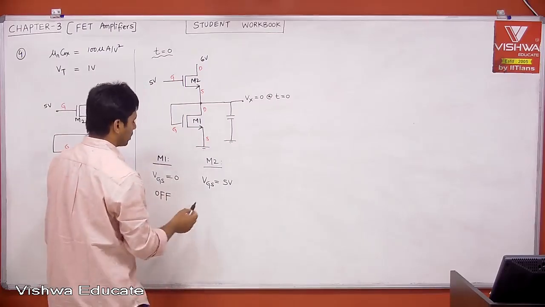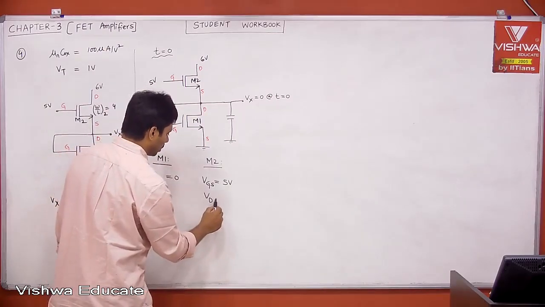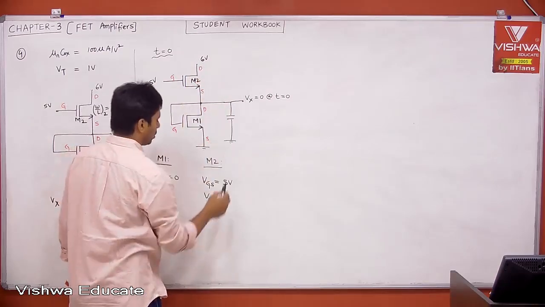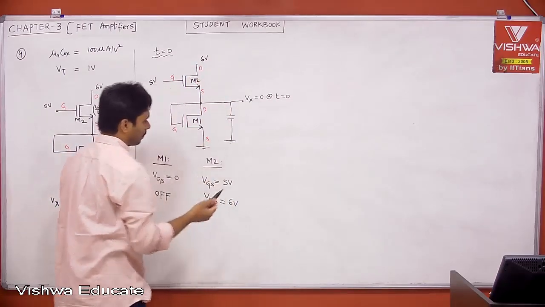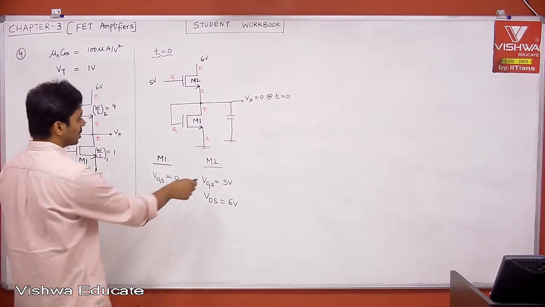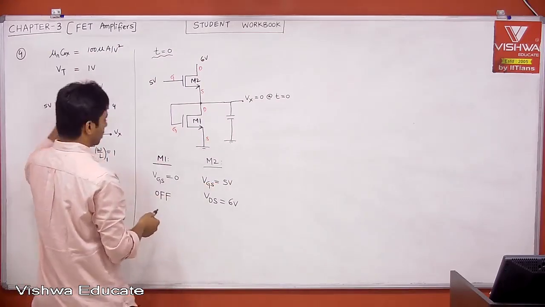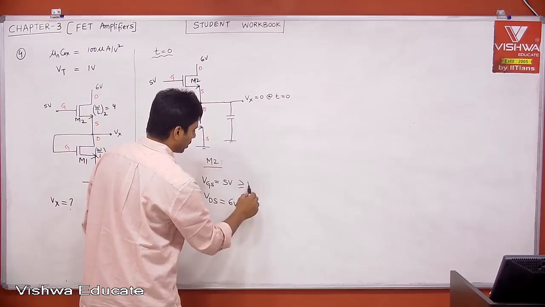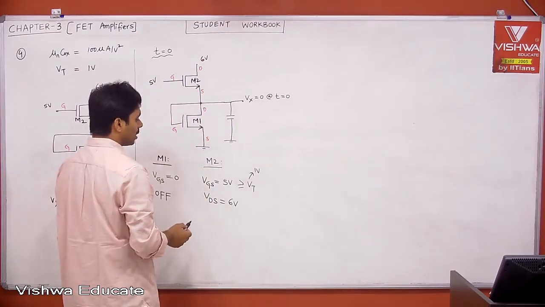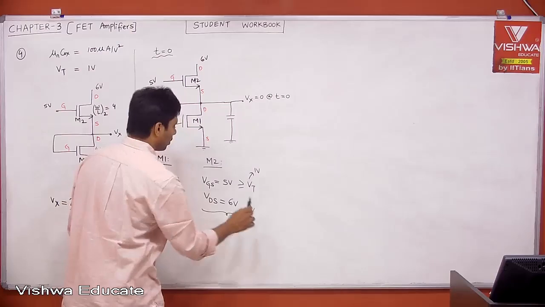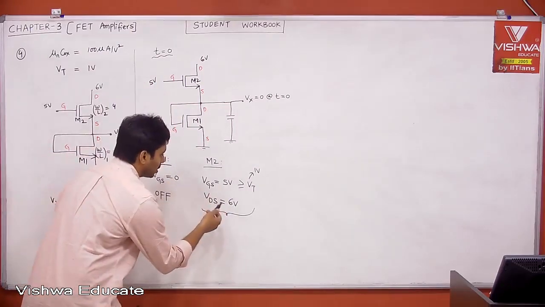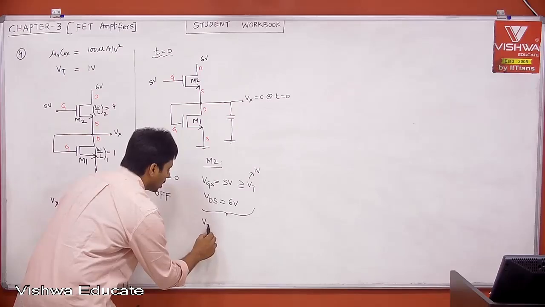And what is VDS? 6 minus 0, 6 volt. Right? Therefore, is your VGS greater than or equal to VT? Yes, this is greater than or equal to VT, where VT is equal to 1 volt. This is true. Therefore, let's see what is the region of the transistor. That is important. Always check for the saturation region.